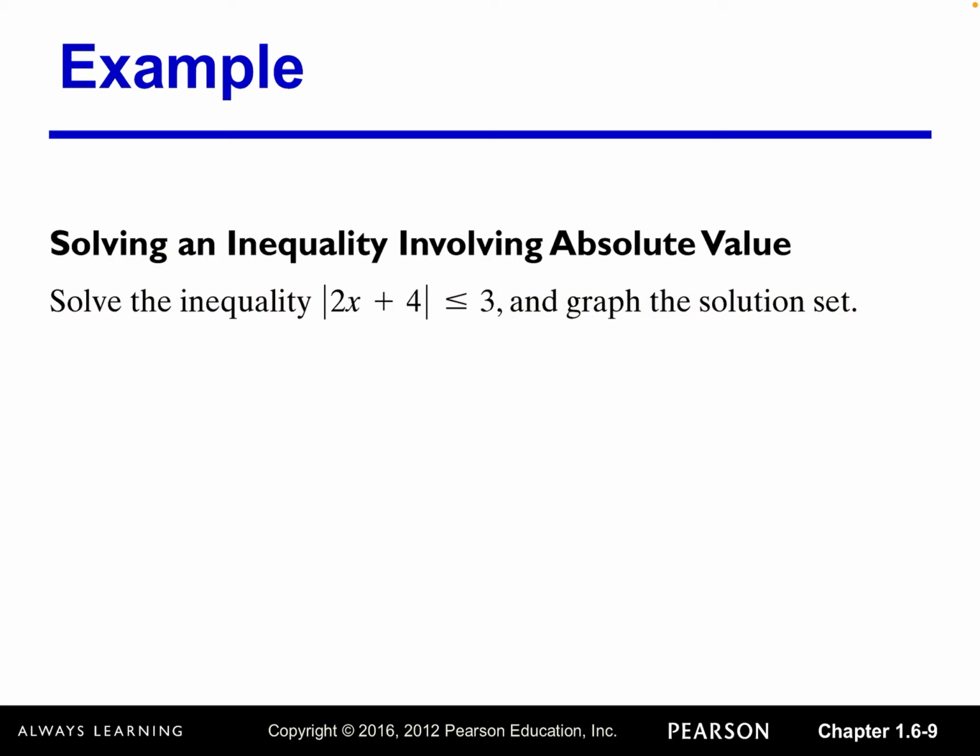Solve the inequality: absolute value of 2x plus 4 less than or equal to 3. Since the symbol is less than, and the left-hand side is the absolute value, we have to consider whatever is within the absolute value bars as a unit. Okay, 2x plus 4, we consider that as a whole, in the middle.